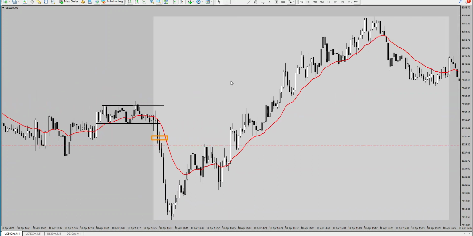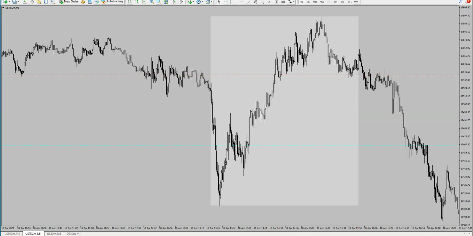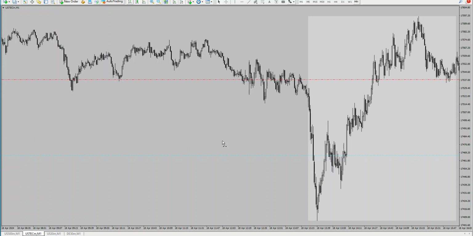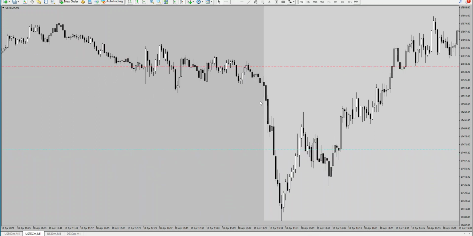Okay guys, now let's go to Nasdaq. When you come to Nasdaq, for me the easiest one was on S&P, but look at Nasdaq. Let me show you here. It did something like this.